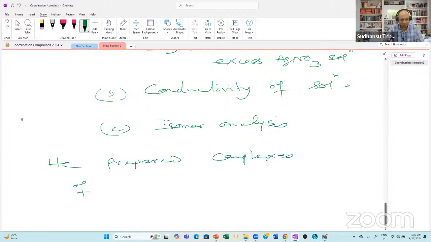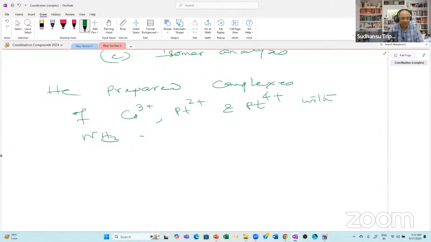of cobalt 3 plus, platinum 2 plus, and platinum 4 plus, with the only ligand available being ammonia. With ammonia, I'm giving you the first set of 5 cobalt 3 plus complexes.